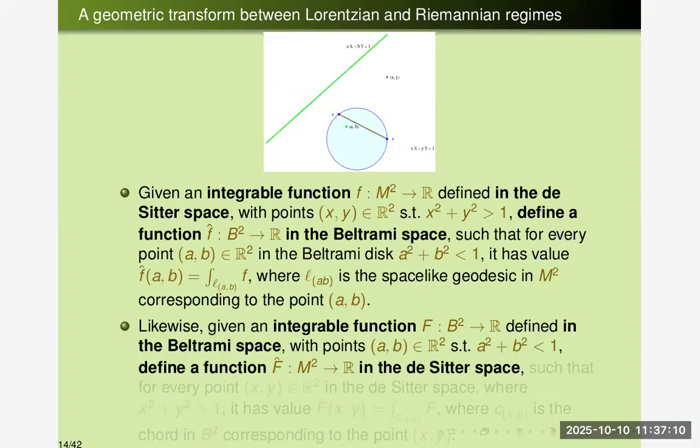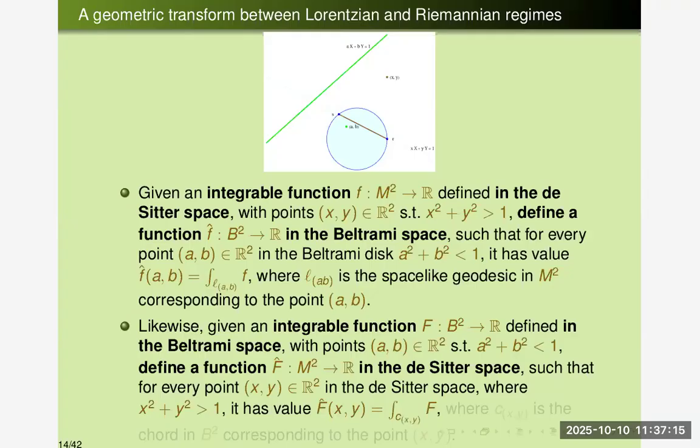Given a function in the Beltrami space, I define a function in the de Sitter space by integrating, so the value of this function f at the point xy here will be the value of the function f integrated over the line corresponding to this thing. And this way I can transform something from the Lorentzian thing to the Riemannian thing. I do it for functions, I can do it for tensor fields or whatever I want. Okay.